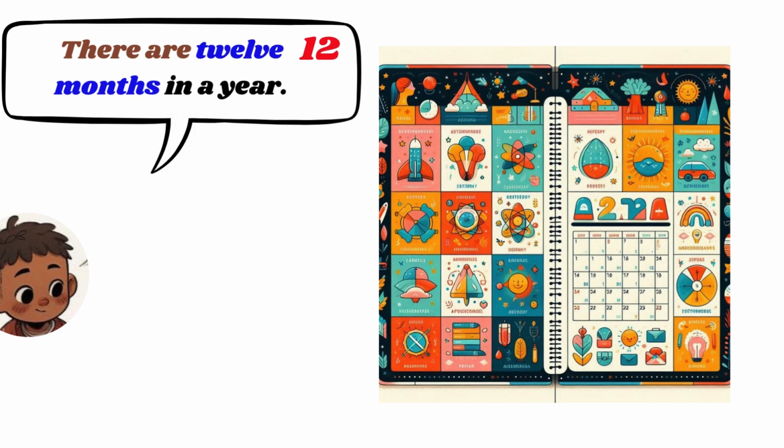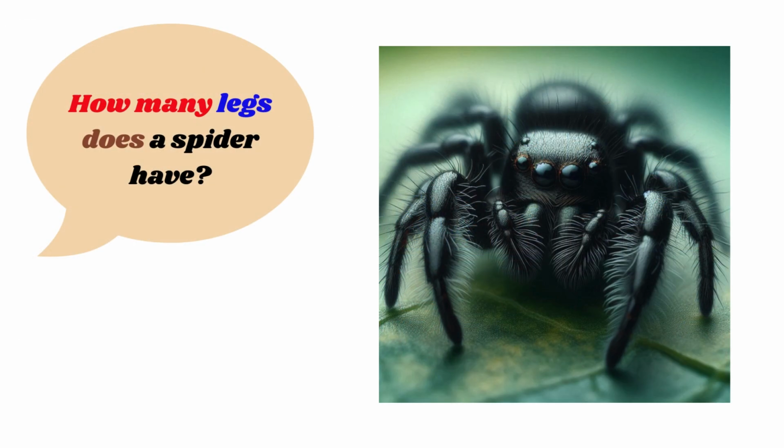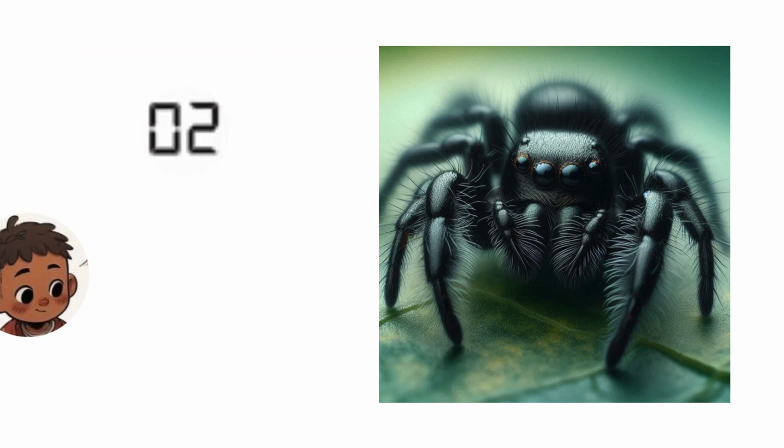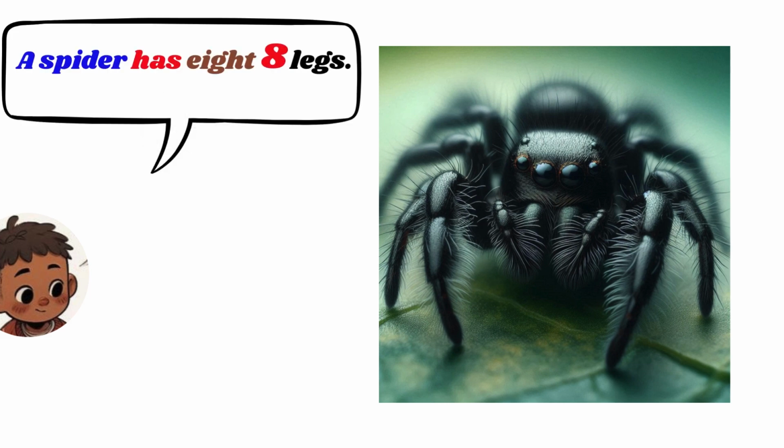There are 12 months in a year. How many legs does a spider have? A spider has 8 legs.